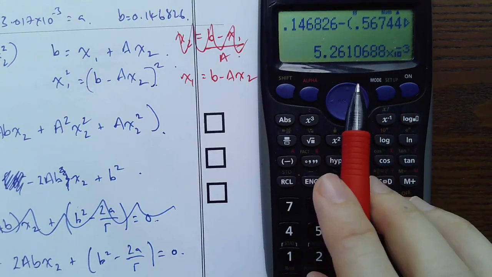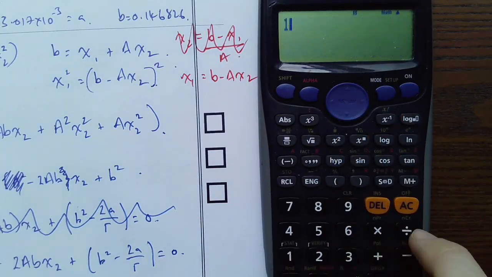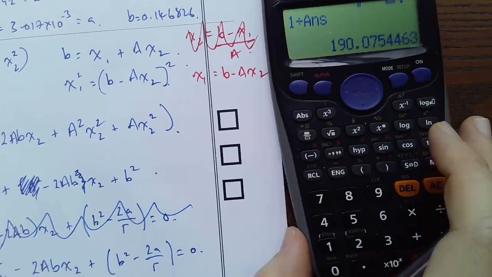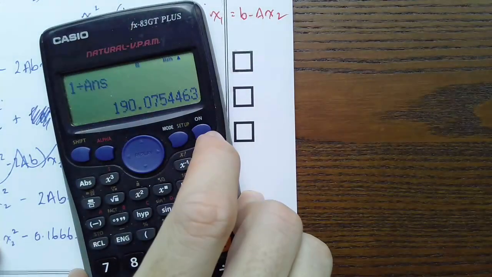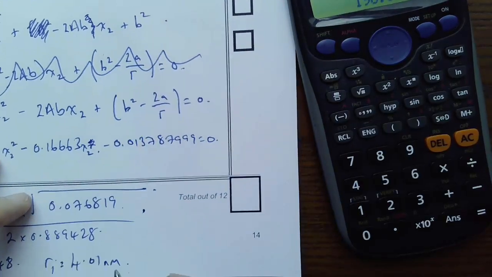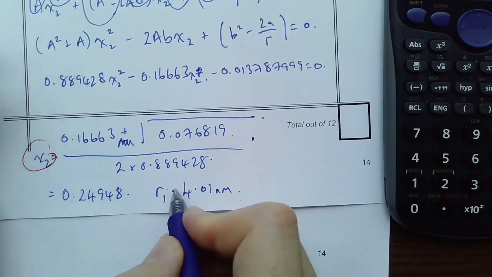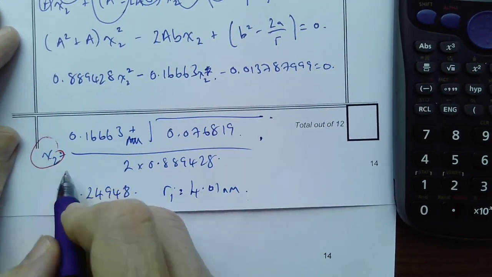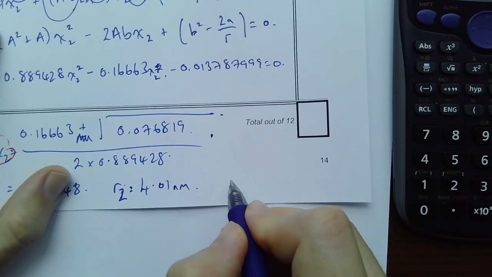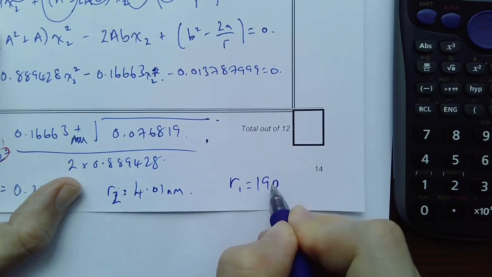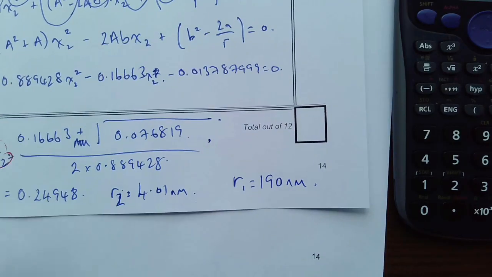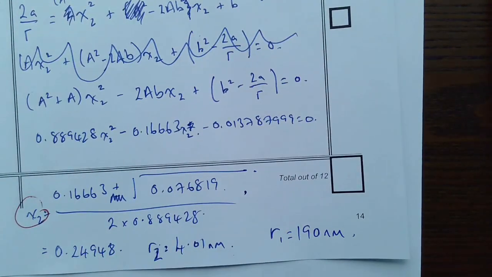That's my value of x1, but I want the reciprocal to give me the radius, so r1 is 190. Sorry, look at this, you've got to be super careful here. I'm making mistakes all over the place. That's x2, so this is r2, and r1 is 190 nanometers. There you go. So it's a lot of work at the end, but if you like the maths, it could be useful.